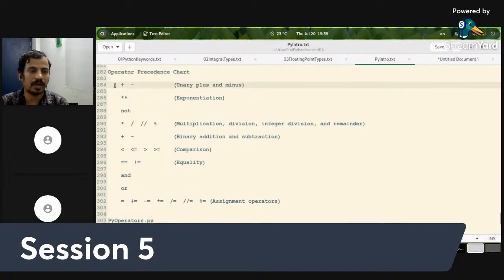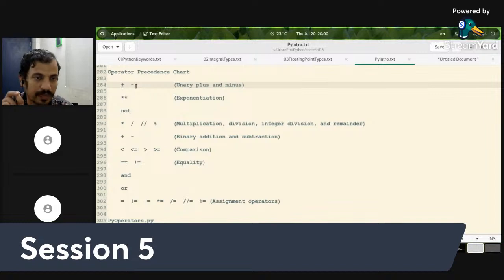We have written a table with several rows. Any operator at the top of this table has a higher precedence, meaning it gets executed first. First is unary plus or minus, which are plus and minus used for symbolic purposes.